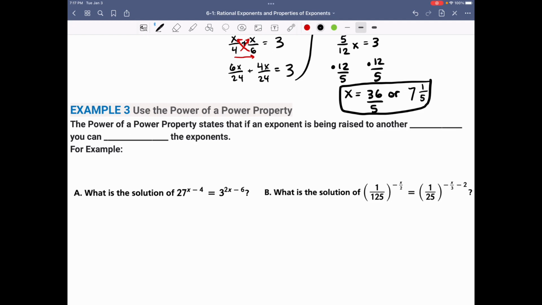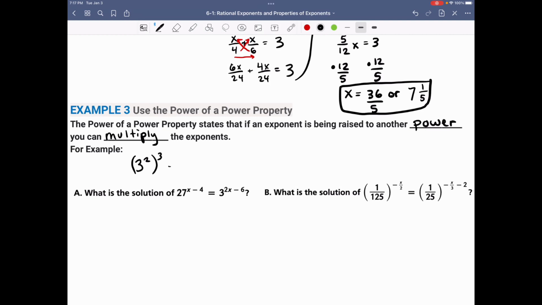The power of a power property states that if an exponent is being raised to another power, you can multiply the exponents. So, for example, what if we had 3 to the second to the third?